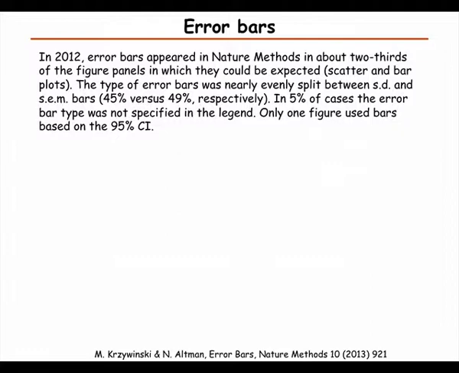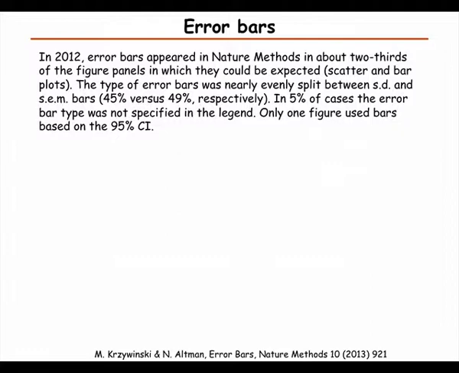But the problem was that they were evenly spread between showing either the standard deviation or the standard error of the mean, which is a very big difference. And in 5% of the cases, it wasn't specified, which is not good.